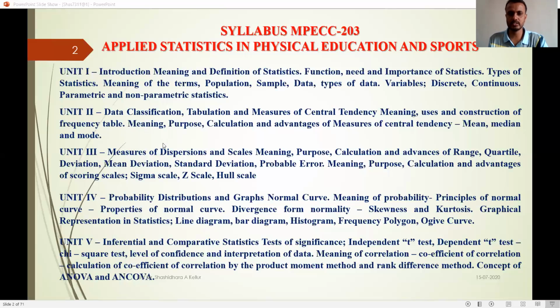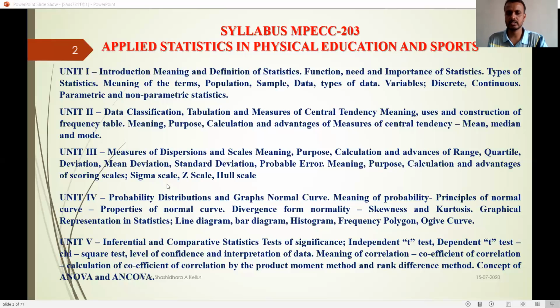The third unit, measures of dispersion and scale: meaning, purpose, calculation and advantages of range, quartile deviation, mean deviation, standard deviation, probable error, and meaning, purpose, calculation and advantages of scoring scales.